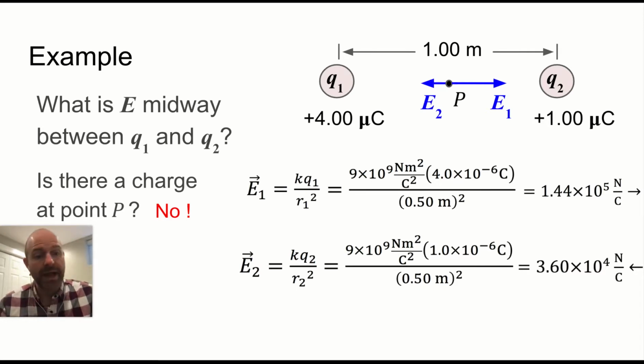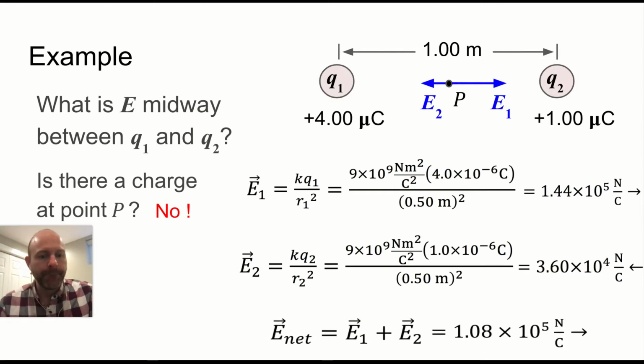It's a smaller magnitude, only 10 to the fourth, because it's a smaller amount of charge, only 1 microcoulomb. You're going to see that a lot. A coulomb ends up being a really big amount of charge, so we use micro and nanocoulombs a lot. Then we can add those two up as vectors, and we get 1.08 times 10 to the fifth newtons per coulomb to the right.